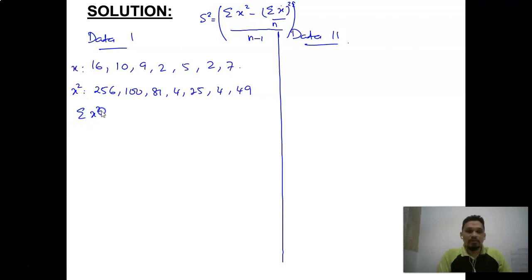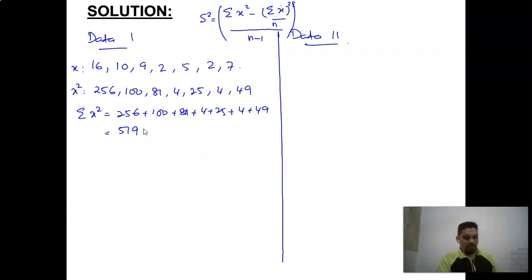So the summation of x squared equals 256 plus 100 plus 81 plus 4 plus 25 plus 4 plus 49, which equals 519.